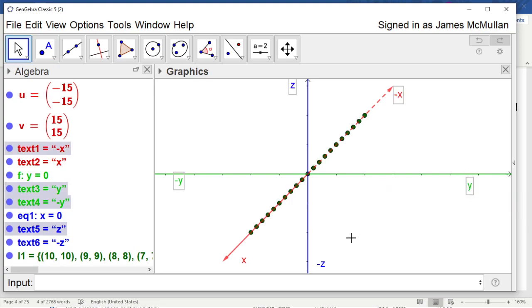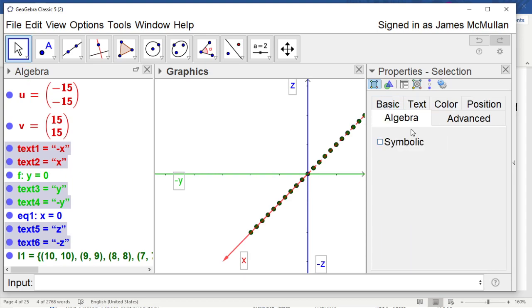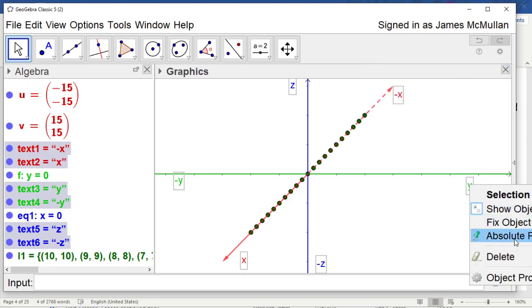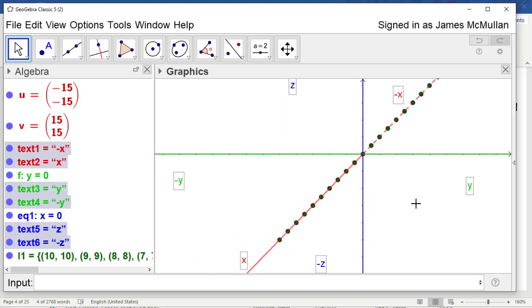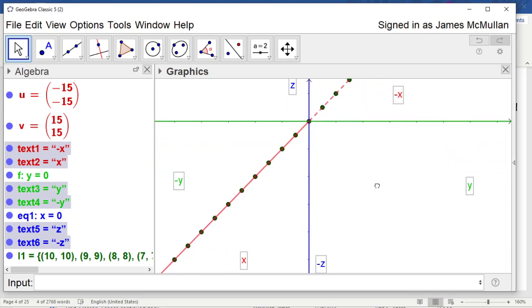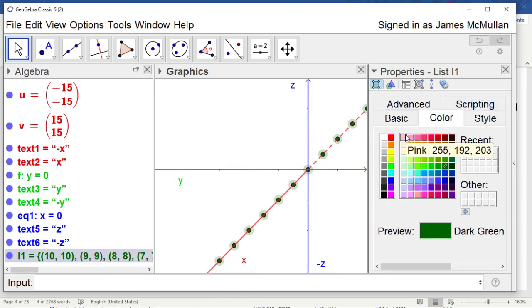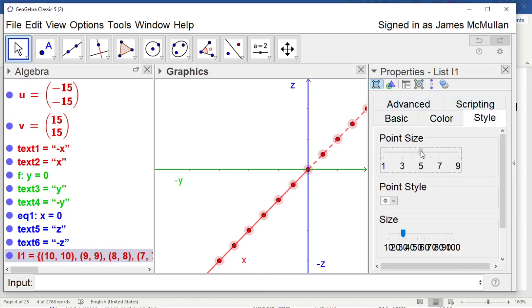I'm just thinking it might be helpful to actually see some dots on that. There we go. Okay, now let's make these points all red because they're x-axis points. And is there a way we can make them smaller? Yeah, beautiful. Maybe not that small.